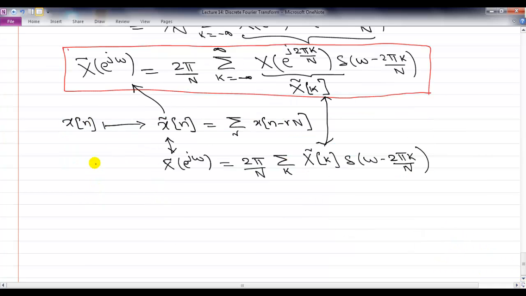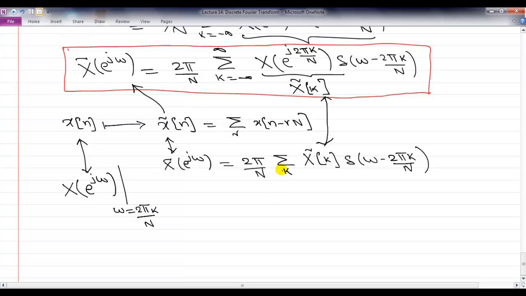And what are those X of e to the j 2 pi k over N? That means that this x[n] has a Fourier transform X of e to the j omega, and you are sampling that Fourier transform at 2 pi k over N. Okay?